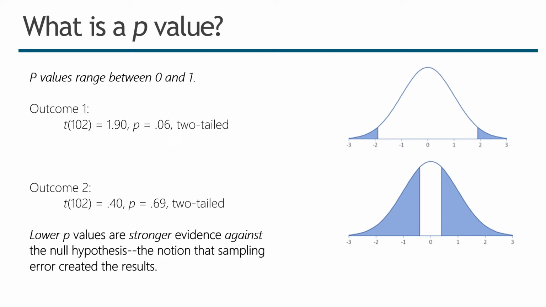That's reflected in the shaded areas of the two respective curves. The second outcome has a much higher p-value, and so its outcome is more likely to have occurred due to sampling error. The first outcome has a smaller p-value, and smaller p-values are stronger evidence against the null hypothesis. And again, the null hypothesis is essentially the notion that sampling error created any difference that exists in the data.